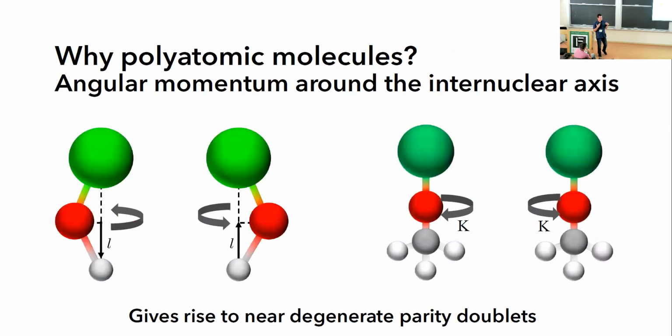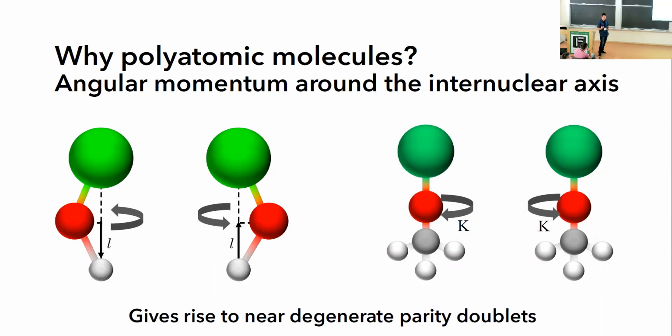But maybe let me first step back and say, why would we even want to do such a thing? This has to do with the fact that when you scale up in complexity, specifically going from a diatomic to a polyatomic or triatomic, the main thing that you gain is angular momentum around your internuclear axis. This angular momentum then gives rise to near-degenerate parity levels.